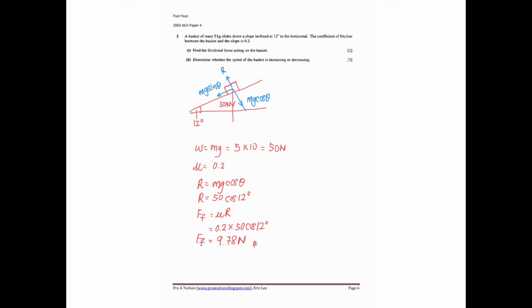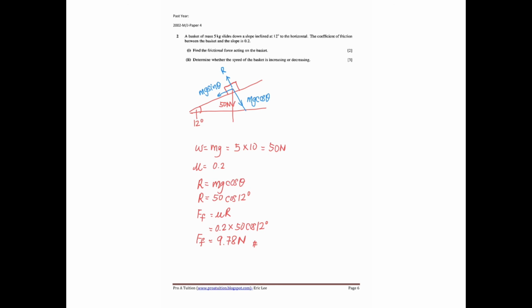Now let's see the second part. Determine whether the speed of the basket is increasing or decreasing. Increasing means it is accelerating, decreasing means it is decelerating. So we need to find the component forces that act along the plane.